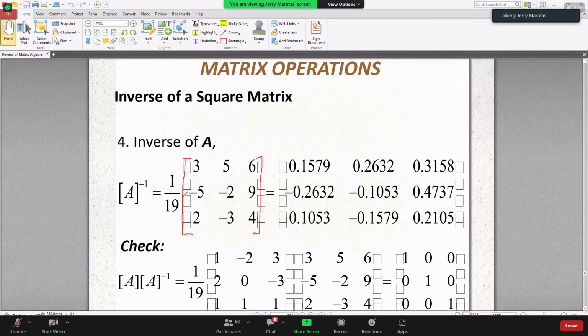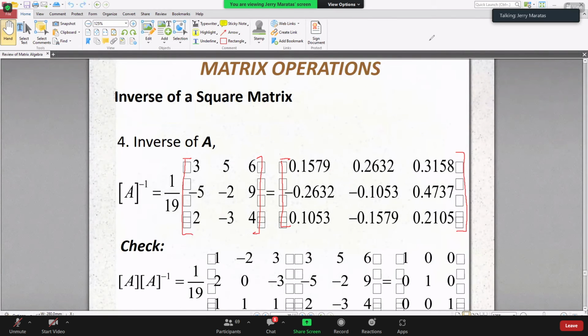You divide that by 19, which is the determinant. So, you simply do what? Scalar multiplication. You simply distribute this, no, to each of the elements. This is now the result. Muna ni karon ang result sa atong inverse. Okay, so now to check if this is the inverse, you simply multiply this by the matrix A. The result should be an identity matrix.